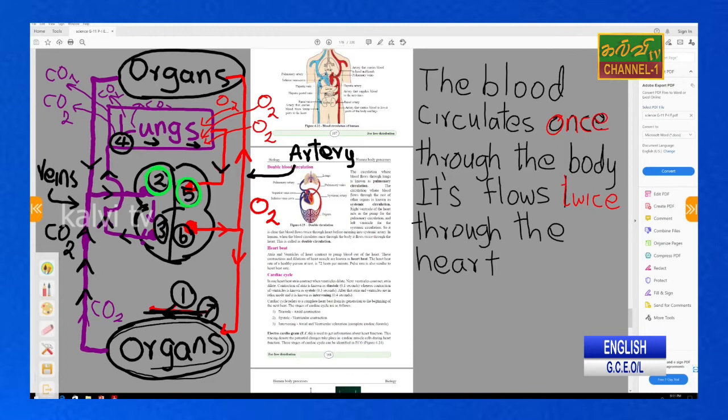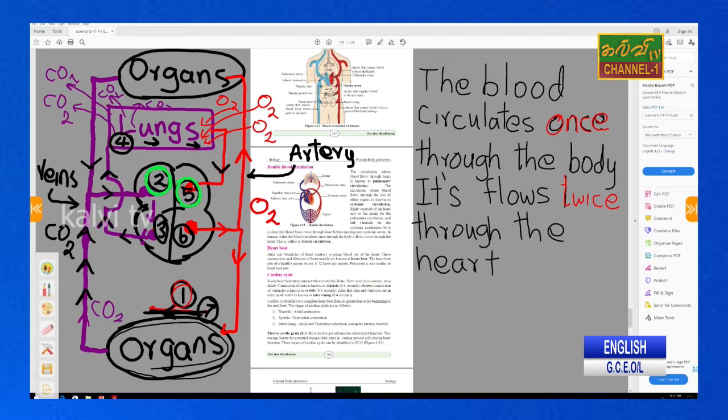When it's passed through the organs, here you can find the number also. Here I have mentioned this is 1. When it moves once through the body, that means the organs, it flows twice through the heart. Yes, into the heart you can find 2 green color circles, that is twice through the heart. Otherwise, the organs can't circulate the blood.